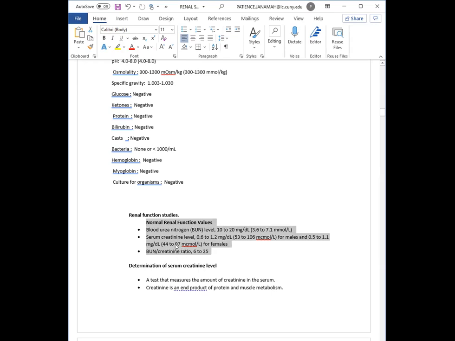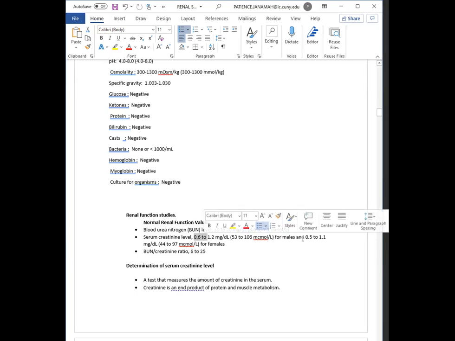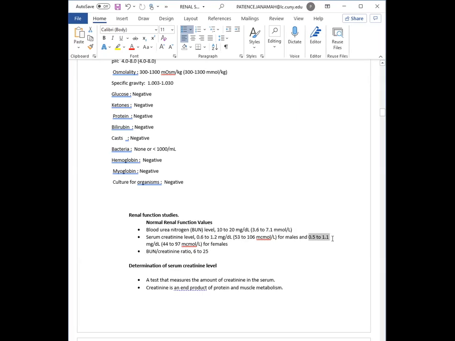These are the normal values you need to know for the NCLEX. Your BUN to creatinine ratio should be 6 to 25. That's the ratio. But the serum creatinine level should be 0.6 to 1 for males and 0.5 to 1.1 for females.